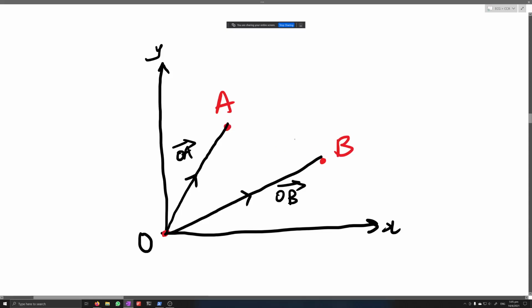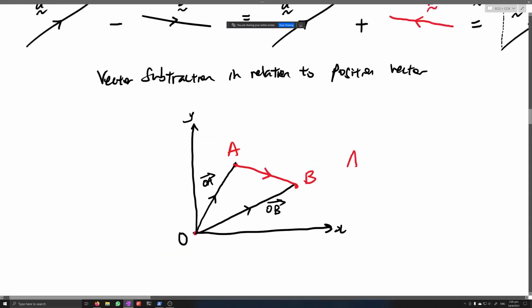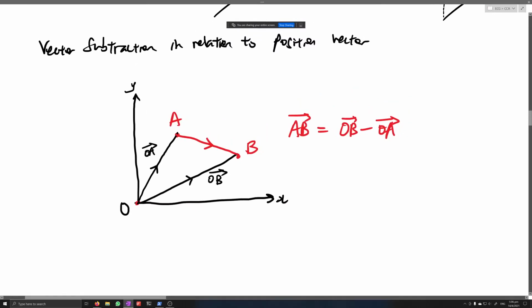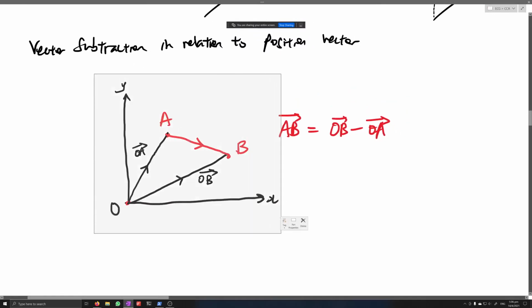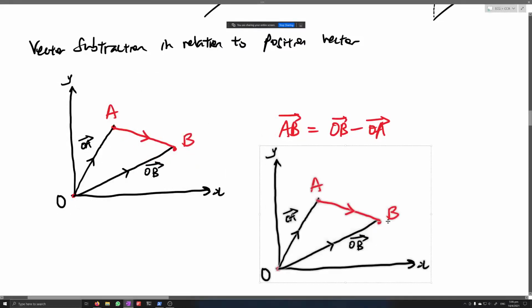Oh, I cannot draw straight lines, but never mind. What if I wanted to find this vector? Realize that actually AB is equal to OB minus OA. Because if we were to prove this, just copy this, OA.